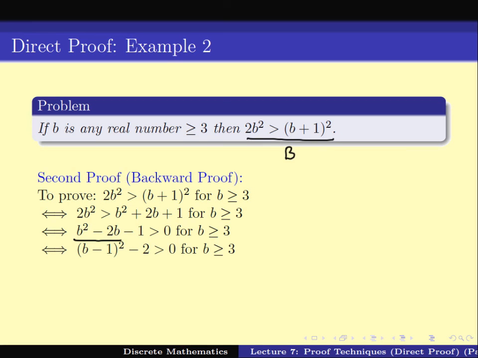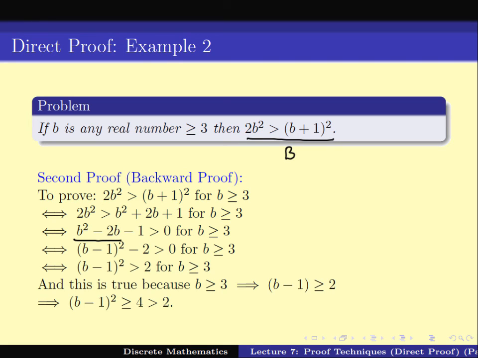Now you already see that the expression b minus 1 whole square is coming out not by looking at A, but by looking at what to prove, namely B. And this particular expression is actually not that hard to prove. Or in other words, we have to prove that b minus 1 whole square is greater than 2. And this is kind of obvious. Namely, b is greater than or equal to 3, then b minus 1 is greater than or equal to 2.